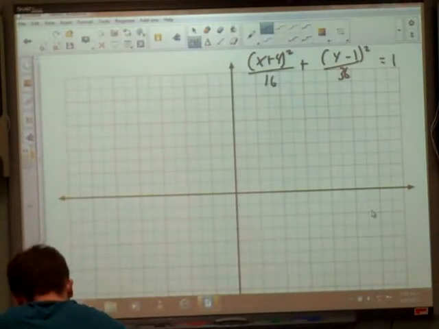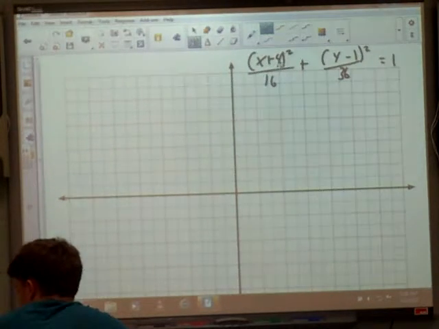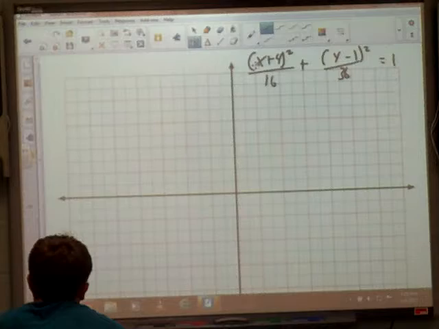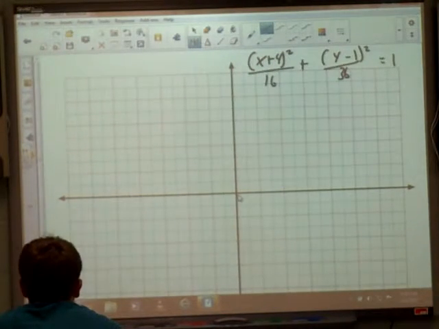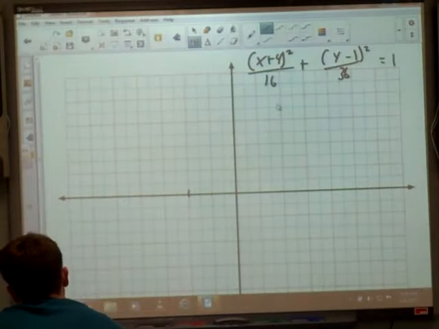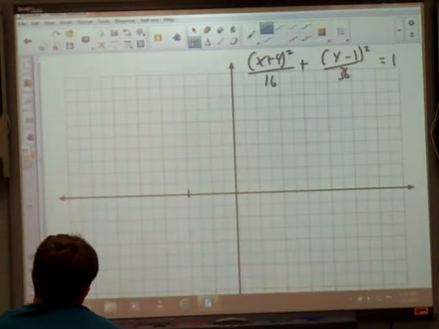On this one, I see that my x has a 4 added to it. Remember our circle formula, it's the opposite sign, right? So this is going to go to the left 4. But on my y, it's got a minus 1, so I'm going to go up 1.